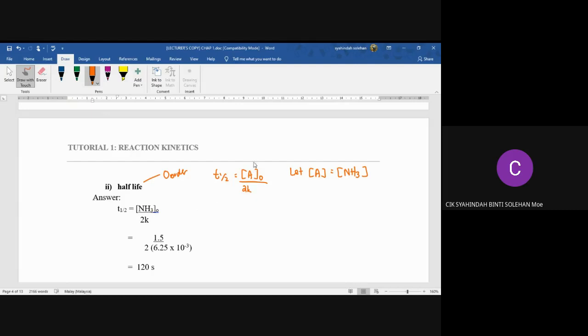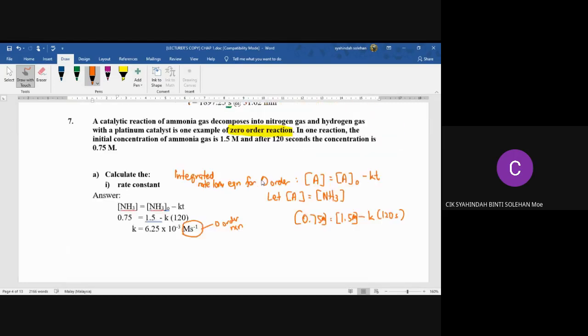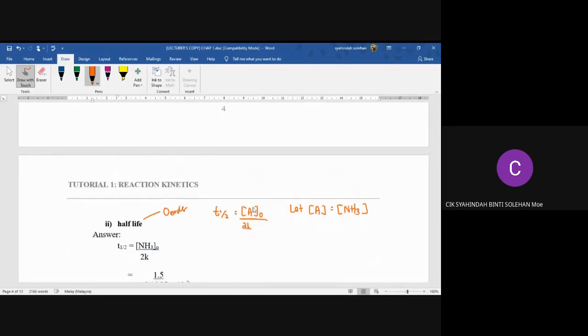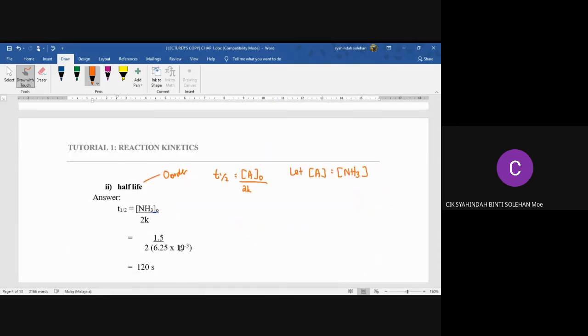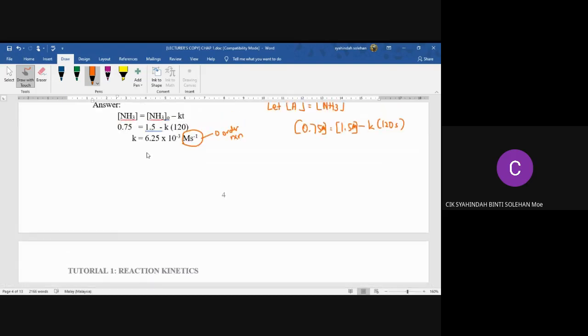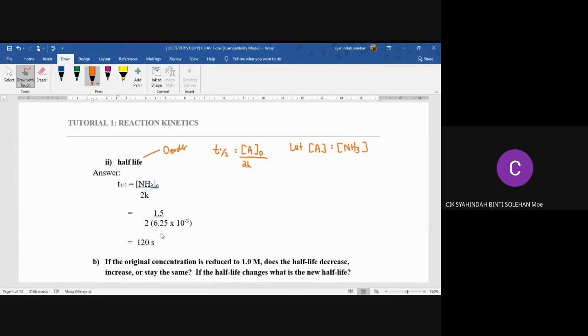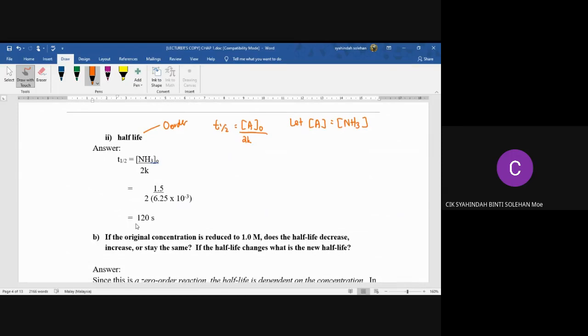Okay, terus masukkan saja nilai initial concentration of your ammonia. Berapa nilai initial dia? 1.5. So masukkan je terus 1.5 divide by 2 kalikan dengan rate constant yang you dah jumpa dah ni, yang you dah kira. So masukkan saja and you will get the half-life in unit second, which is sebanyak 120.